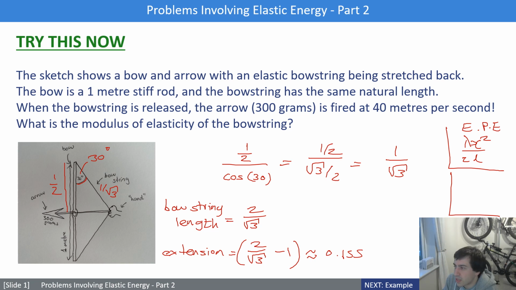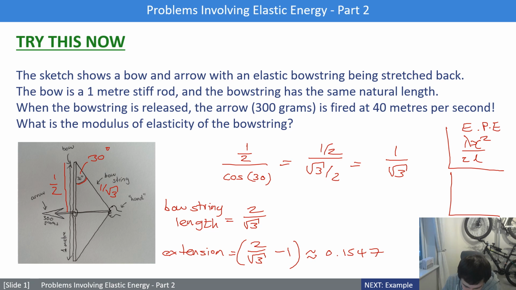I did say I was going to keep the third form, but actually I don't think it's worth it. It'll get a bit too complicated. So let's use the decimal form, but be a bit more specific. 0.1547 is a bit more accurate. So then we'll put that in there.